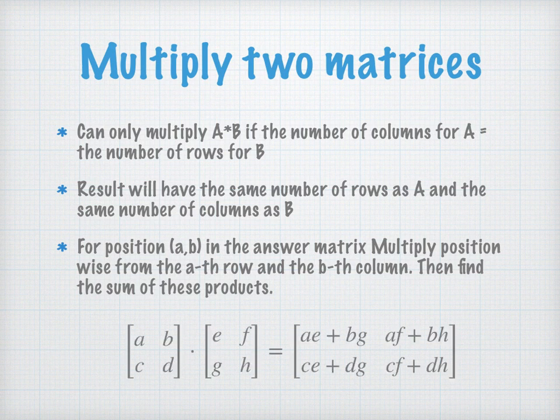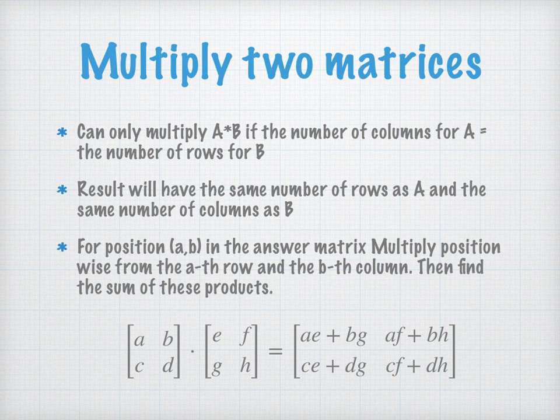So, for example, looking at a little 2 by 2 matrix, multiplying these together, for my row 1, column 1 position, I am going to use row 1 from my first matrix, and then column 1 from my second matrix. So I'll take A times E and B times G. Then I will add these together.